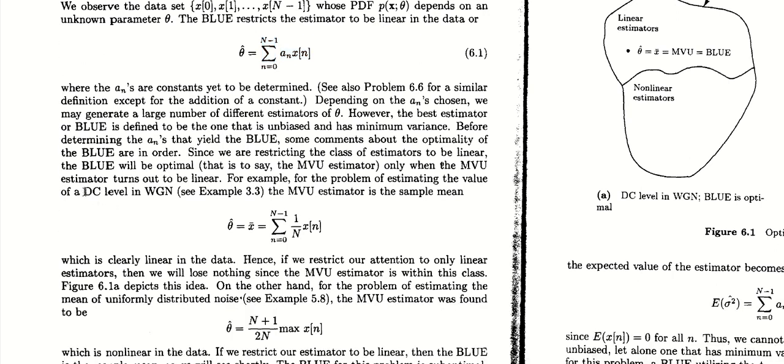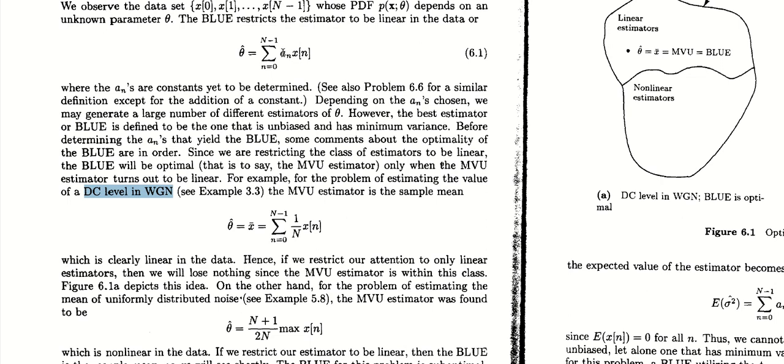Again, we are going to tell that old story, the most typical model of a DC level in WGN. In this model, theta hat is equal to the sample mean, equal to 1 over N multiplied by the sum of x_n. Does it fit the linearity model?